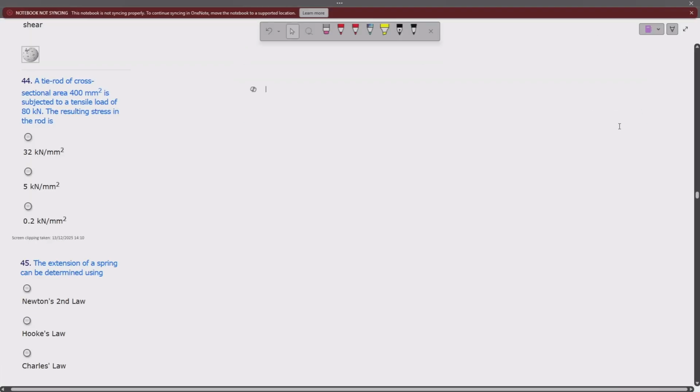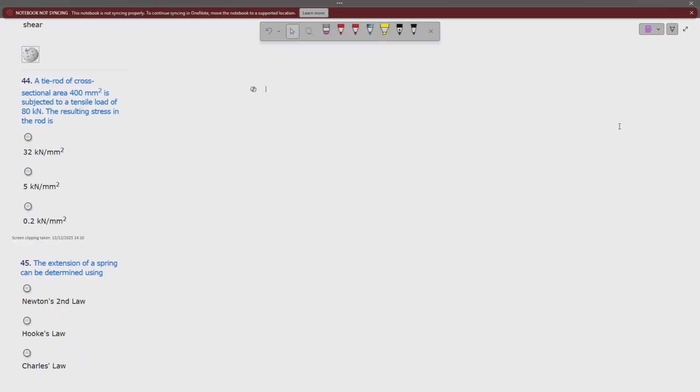Right, question number 44. A tie rod of cross-sectional area 400 millimeters squared is subjected to a tensile load of 80 kilonewtons. The resultant stress in the rod will be, we know the stress formula, equals force over area.